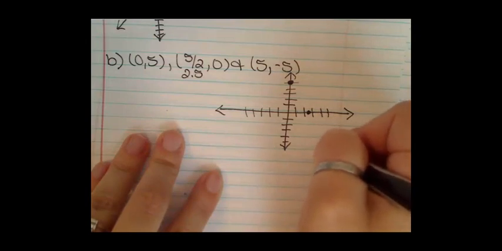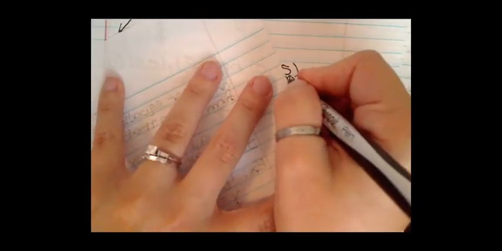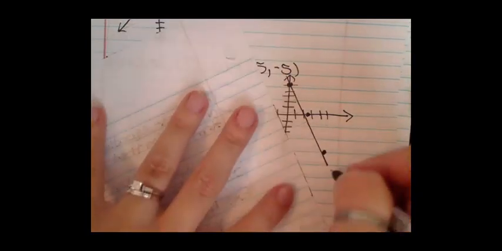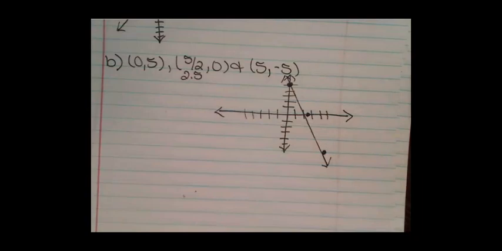Let's see, can we make a straight line out of that? Mine might be a little off, but yep, it looks like we can. We're supposed to be able to on this one. My graph is a tiny bit off, but these are supposed to be collinear, and if you had actual graph paper, it would look nicer and these would work. So these are collinear.